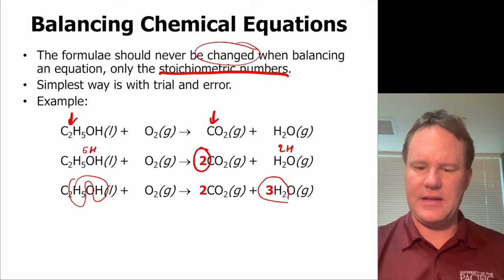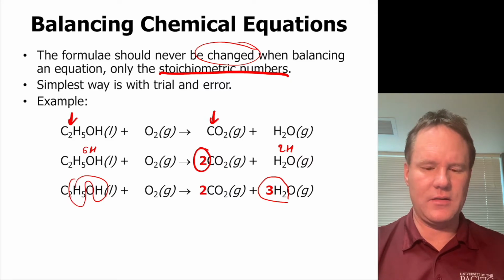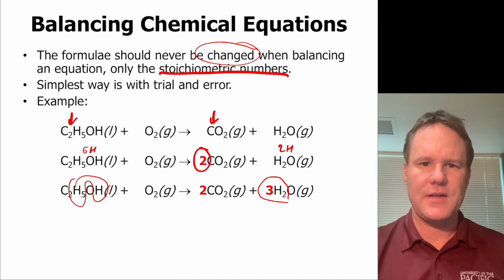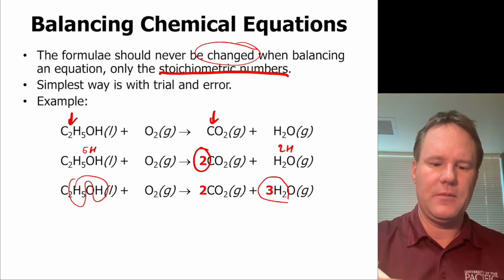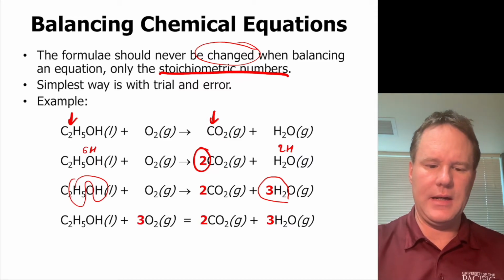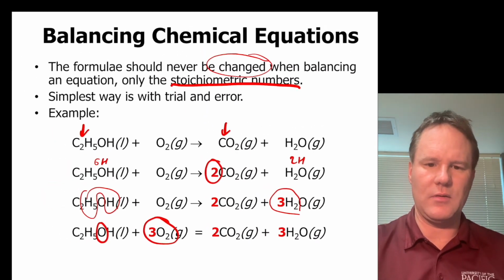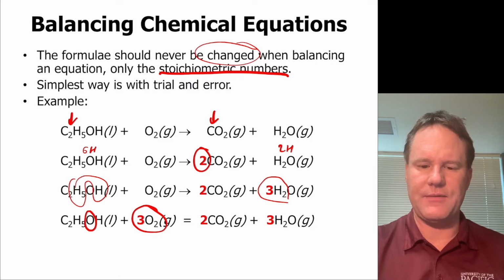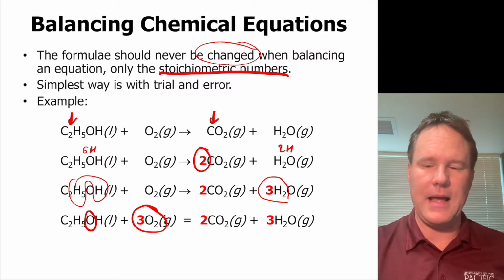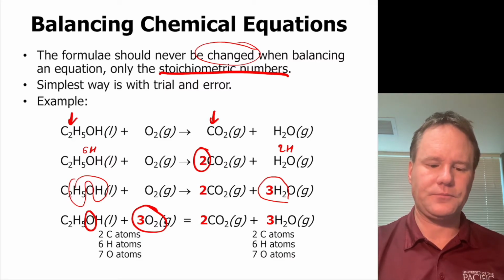So far I have 7 on the right, but 3 on the left. So I need 4 more, which means I can put a 3 in here, and now I have 6 oxygens plus 1. That's a total of 7 oxygens and 7 on the right. So it's all nicely balanced, and I can write it out. 2 carbons, 2 carbons, 6 hydrogens, 6 hydrogens, 7 oxygens, 7 oxygens.